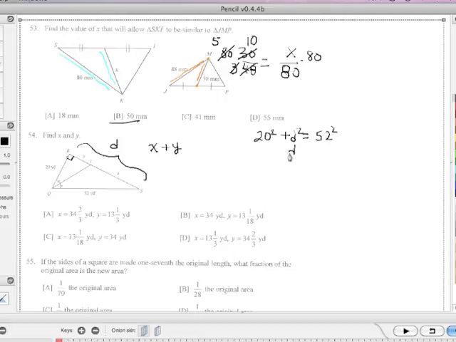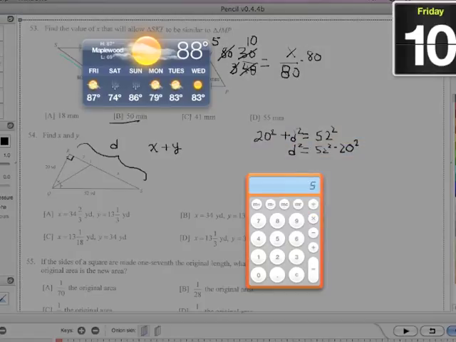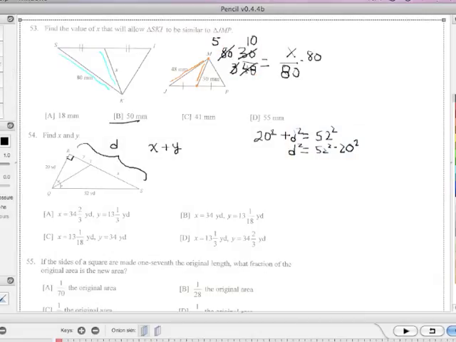So d squared is 52 squared minus 20 squared. 52 squared is 2704. 2704 minus 20 squared, which is 400, gives us 2304.